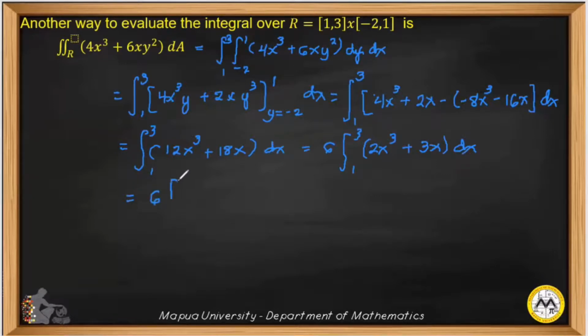That gives us 6 times the integral of 2x cubed dx, which is 2x to the fourth over 4, so by cancellation that will give us x to the fourth over 2, since 2 and 4 cancel, now giving us 2 in the denominator.